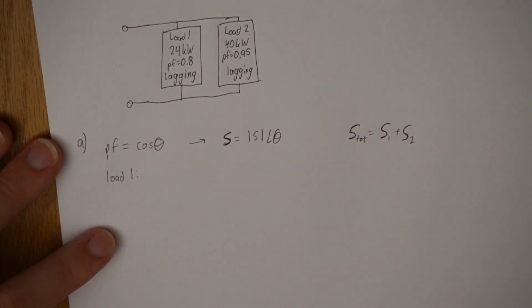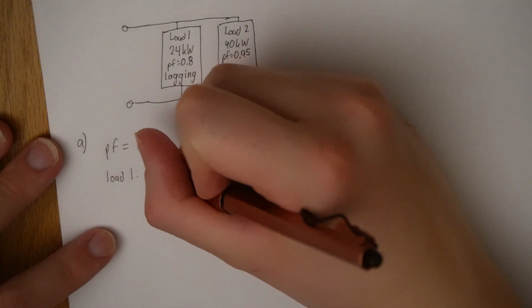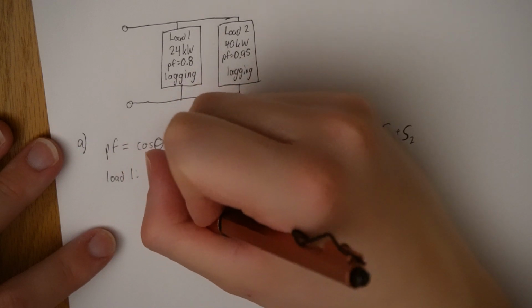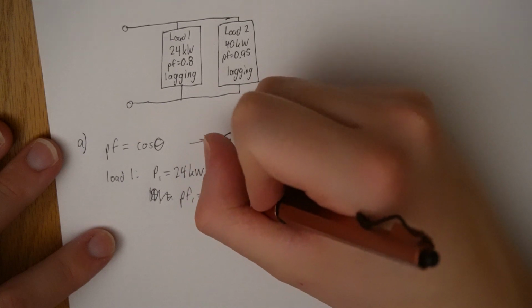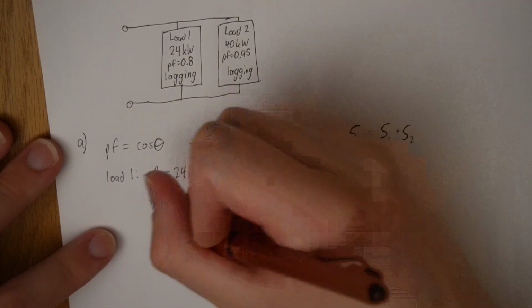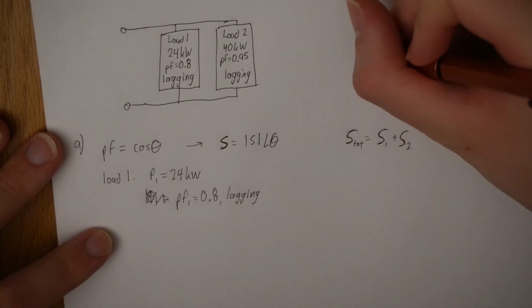Load 1 is giving me the power, 24 kilowatts, and power factor 1 equals 0.8, and it's lagging. So I'll have to use a power triangle to solve this. I'll draw it here.